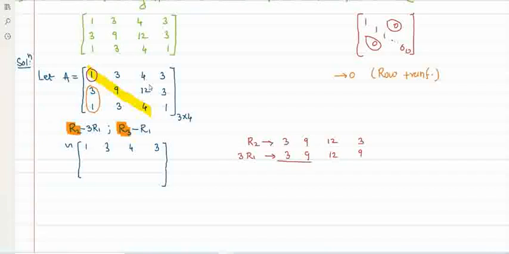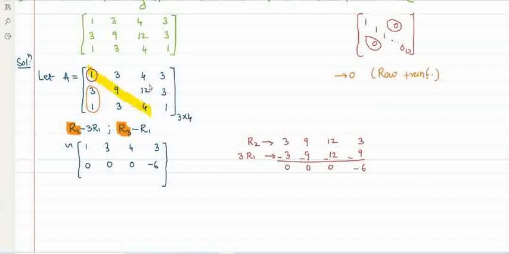And their subtraction. 3 minus 3, 0. 9 minus 9, 0. 12 minus 12, 0. 3 minus 9. Is it right? So the second row can be written as 0, 0, 0 and minus 6.